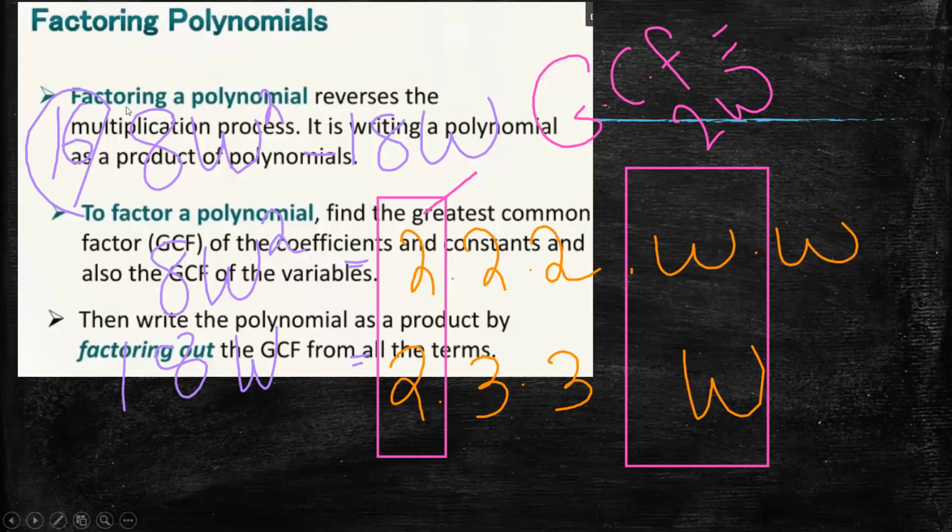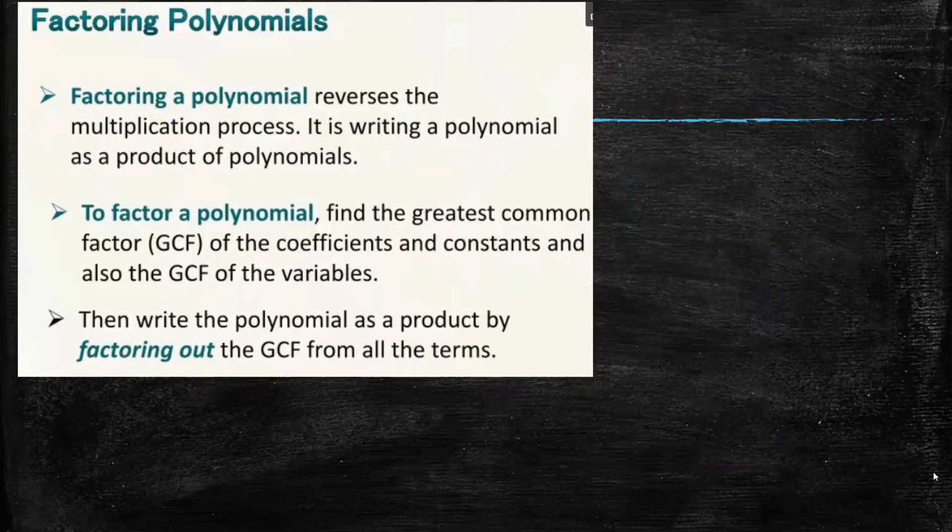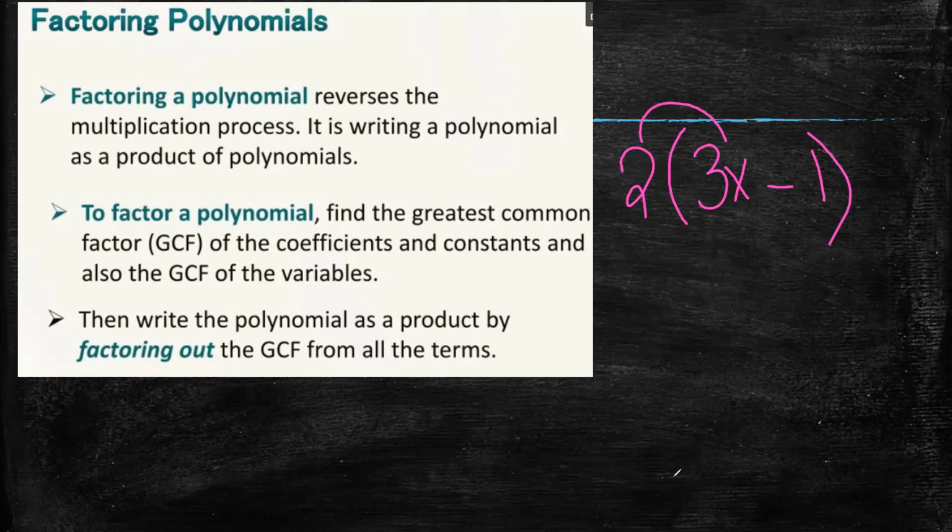As I told you yesterday, factoring a polynomial is the reverse of the multiplication process. I mean that yesterday we said that if I have to multiply 2 times 3x minus 1, we multiply 2 by the first term and then we multiply 2 by the second term.